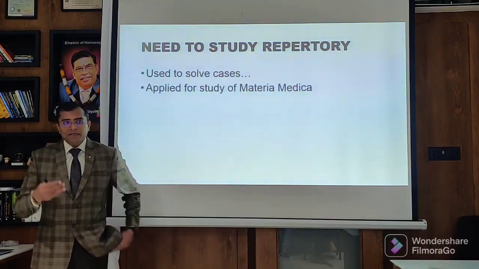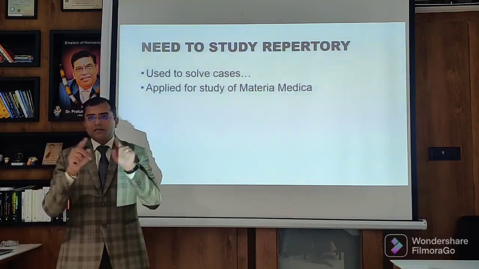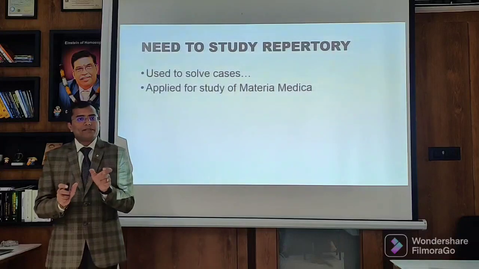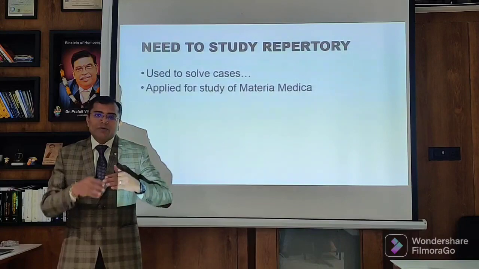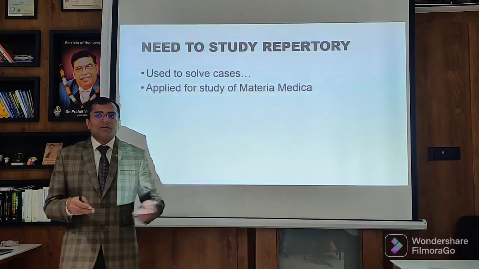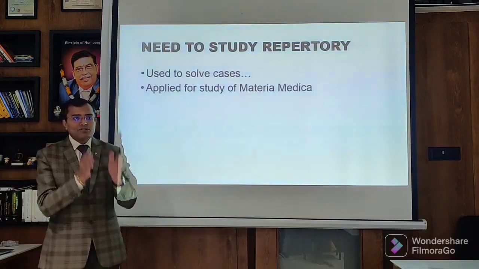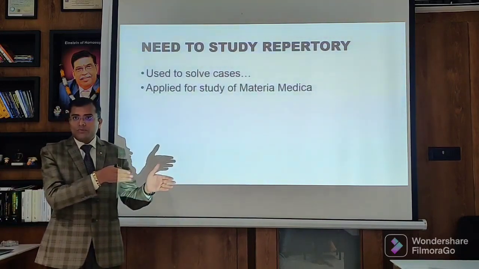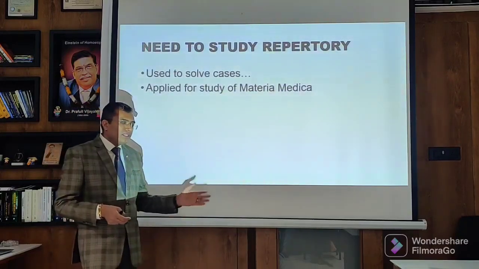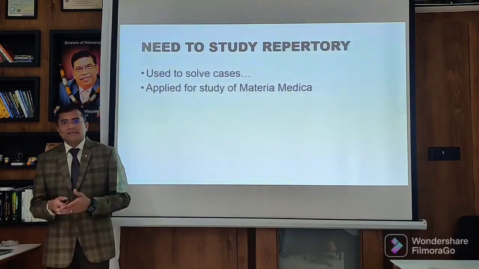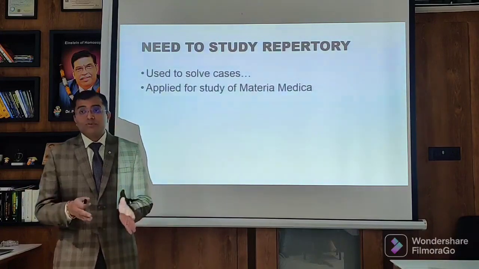When we learn a certain remedy, we may fix our idea to a certain boundary of the picture of that remedy, and we cannot accept the outside boundary picture of that drug. By learning the repertory, we can understand that the constitution can be like this also. For example, last time I gave you the example of pulsatilla. We understand pulsatilla as a very mild, yielding, timid, weeping, tearful disposition.